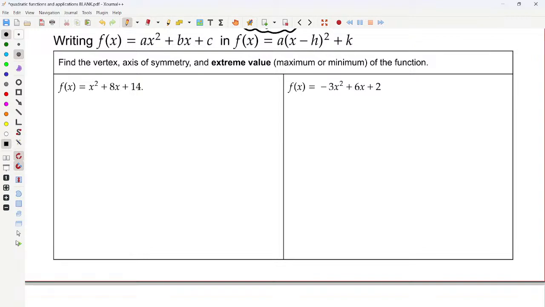A question you might be asked: find the vertex, the axis of symmetry, and the extreme value. So I bolded that because extreme value stands for either the maximum or minimum output. Keep that in mind.